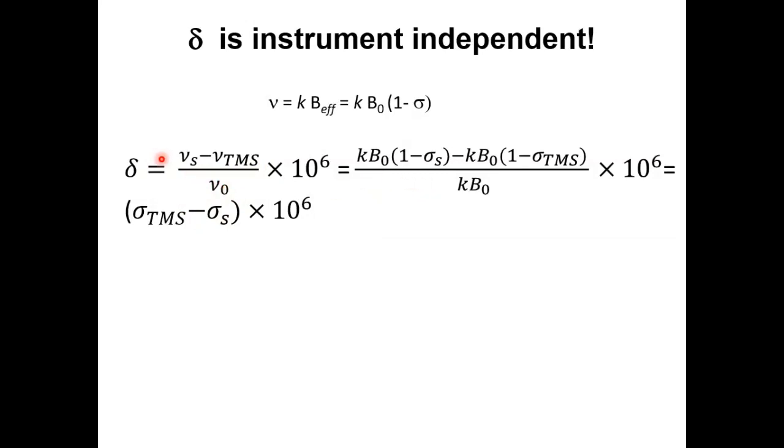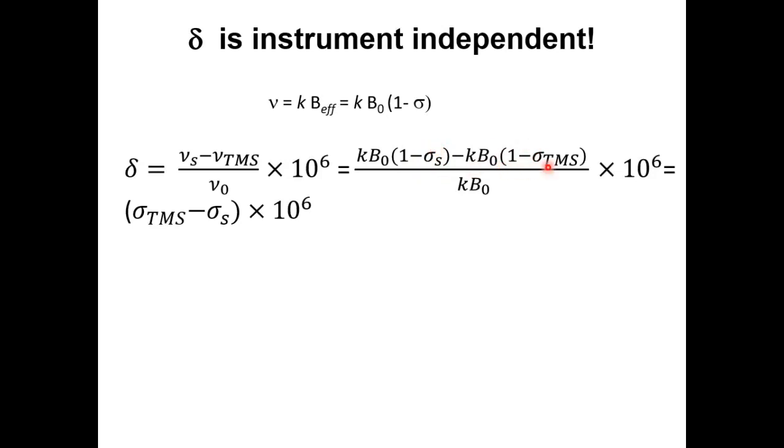The instrument frequency is just a constant K times B0, the magnetic field strength of the instrument. For the sample, the resonance frequency, as we know, is K B0 times (1 minus sigma s). Sigma s is the screening constant of the proton of interest, and this will directly reflect the local environment of the proton of interest. We're going to discuss those things in great detail.